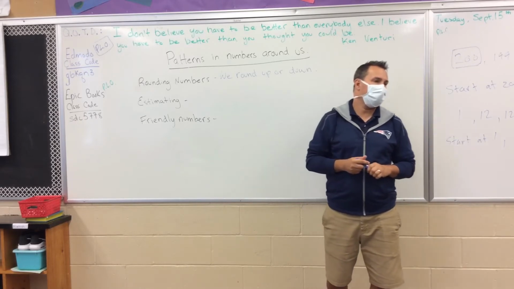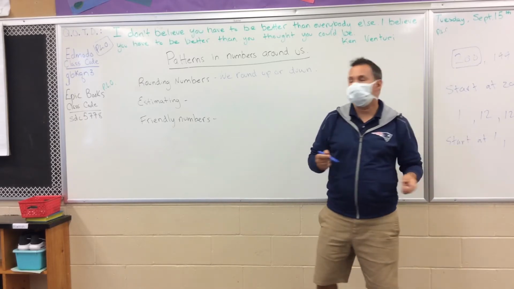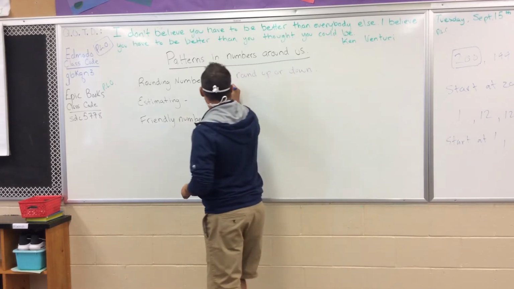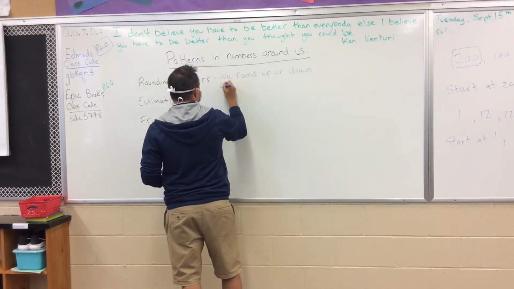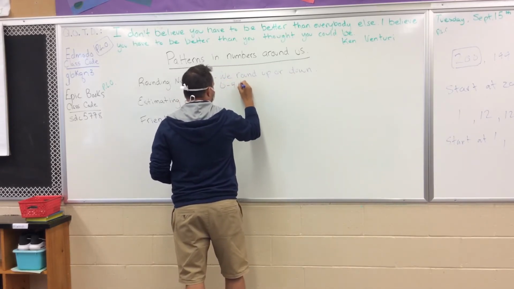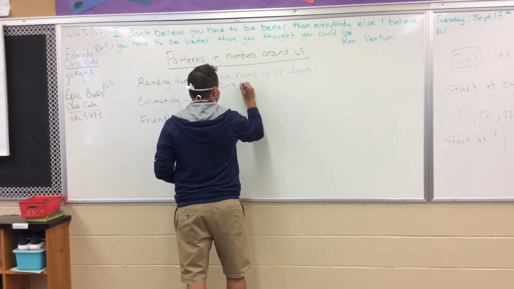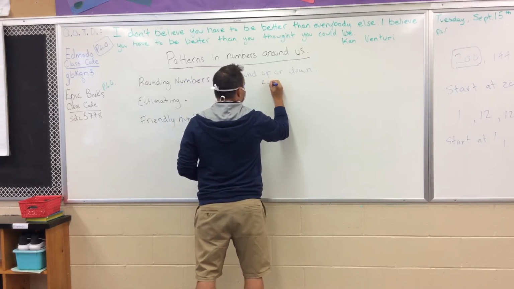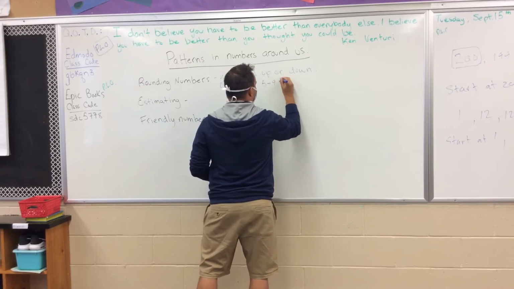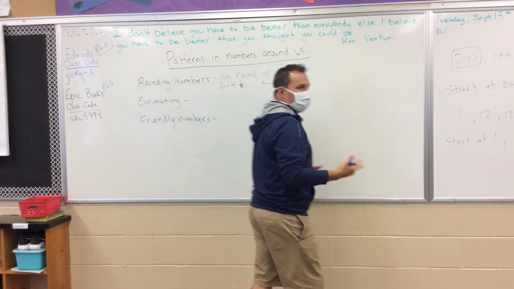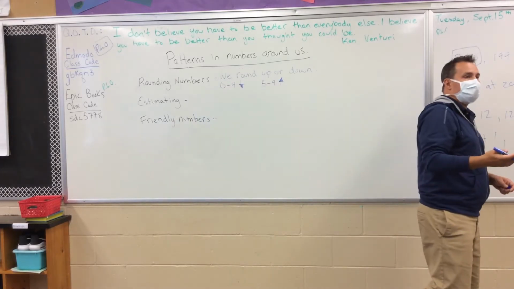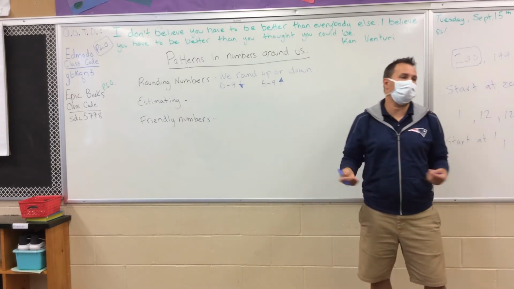Keegan? Four numbers below go down, 5 and up go up. So 0 to 4, we go down. 5 to 9, we go up. And this is usually, we're talking about the last number, Keegan? So we're talking about the last number.